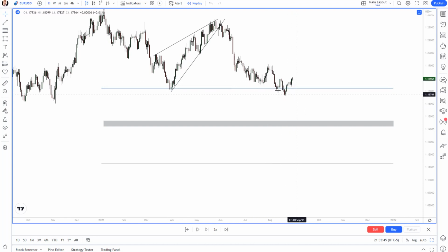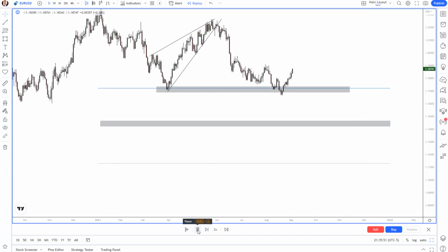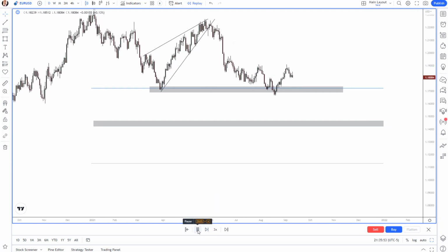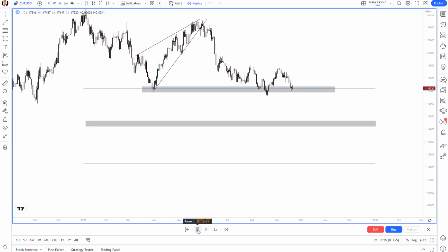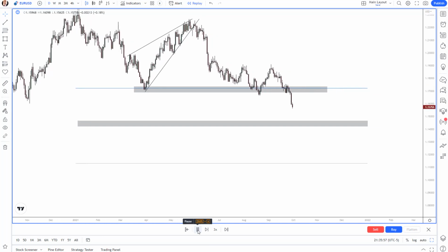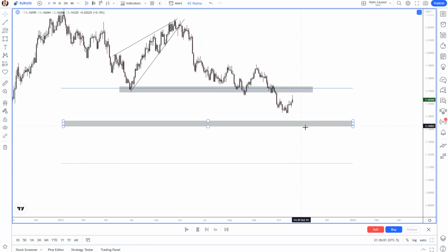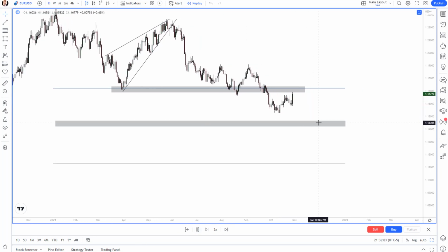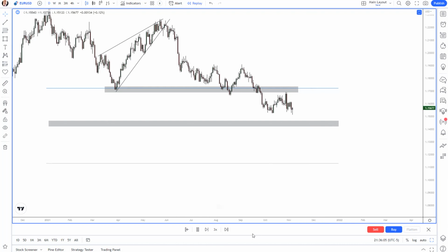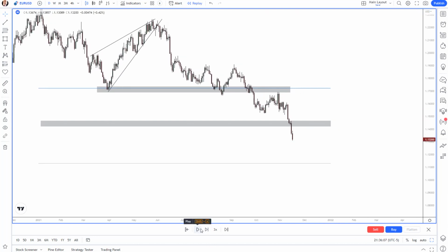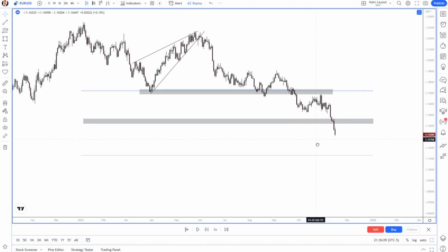And if we see the market starts trading below this support, okay, we can put in a short position. We stay patient with it. And once the market started breaking down, you could say, okay, I'm going to look for a short and then look for this target right here, which I believe it did eventually towards the end of the year. And that ended up being a really nice trade.